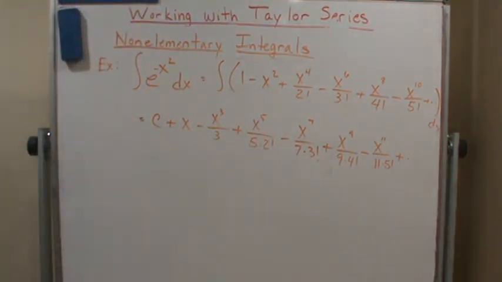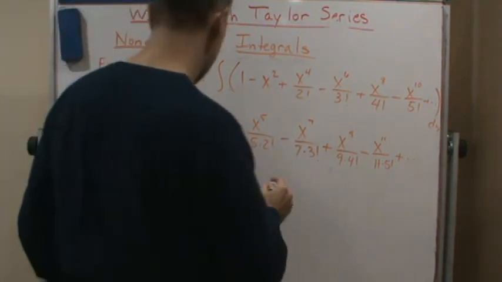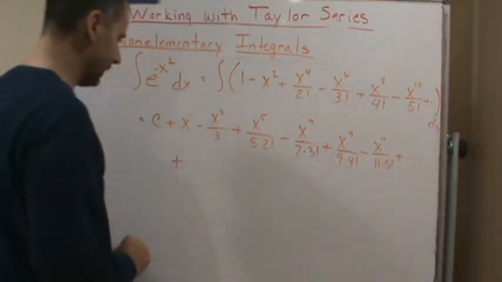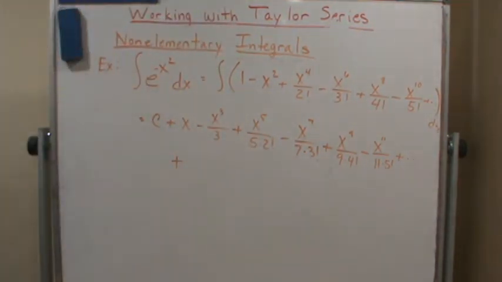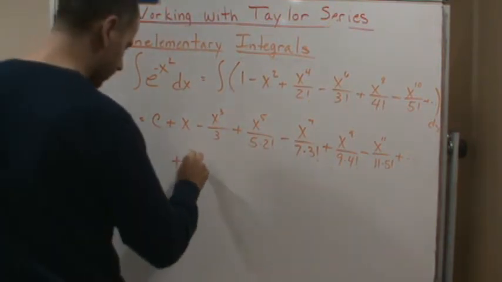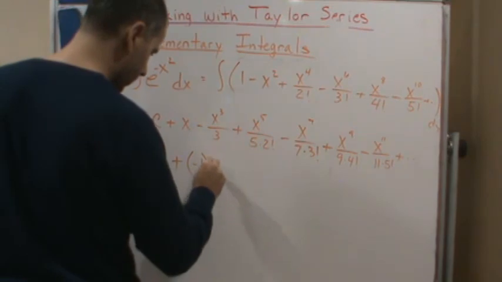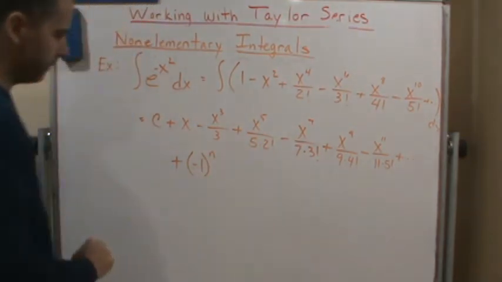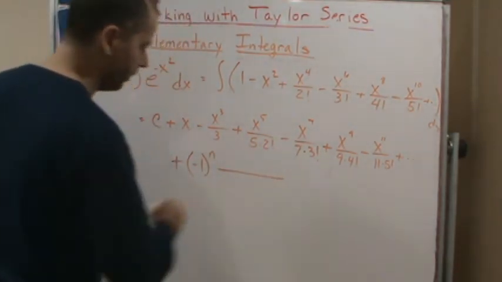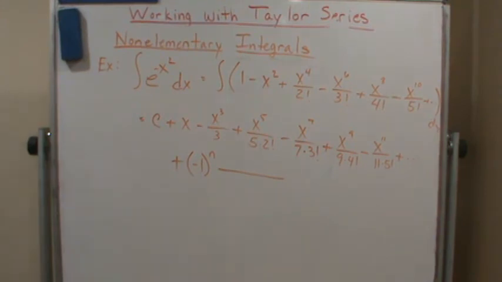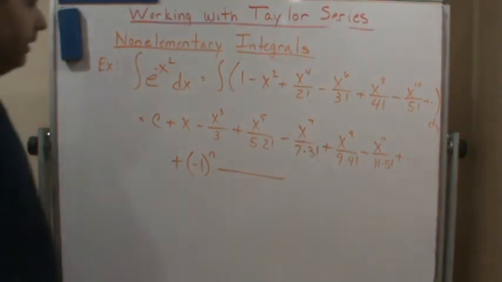Okay, so that's what we get. And so what we end up with is this keeps going on and on and on. And our nth term is going to be negative 1 to the n, and then we're going to end up with x to the 2n plus 1, right?